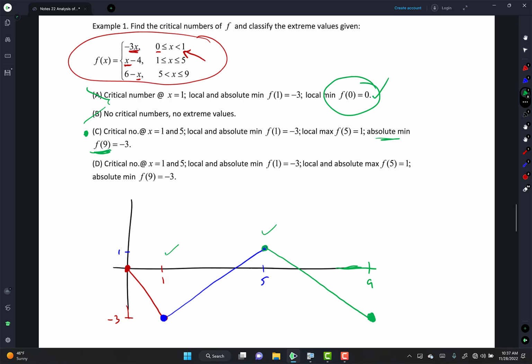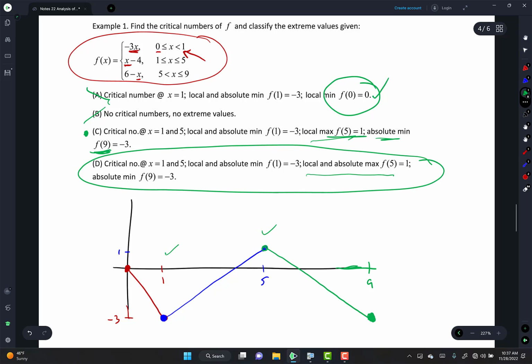Oh, okay, got you. C says local max at f(5), but D says local and absolute max f(5). Letter D. Well, that was a close one.